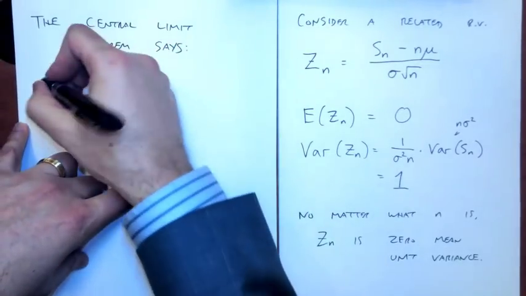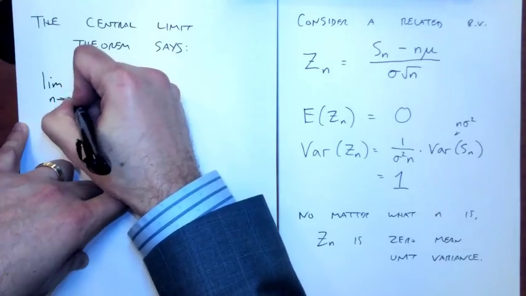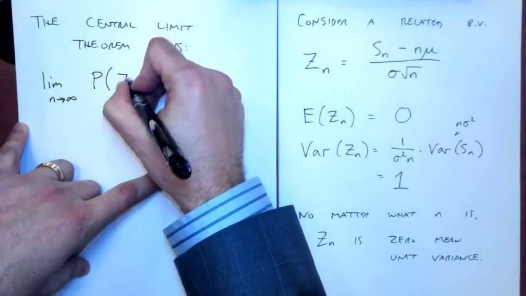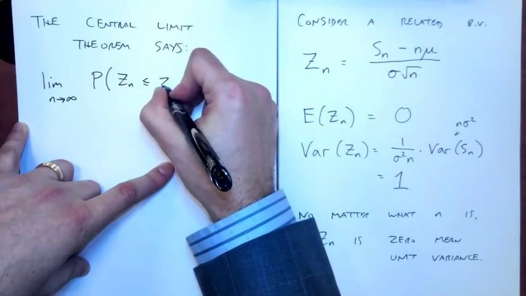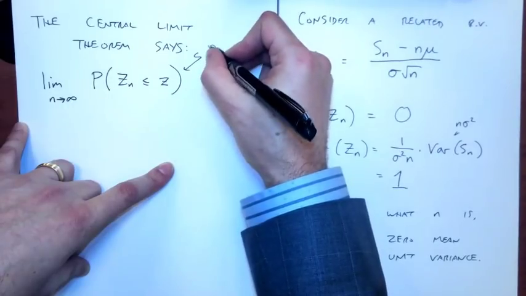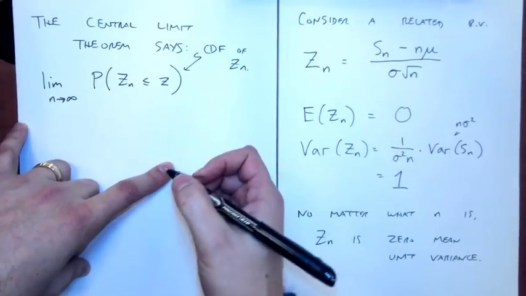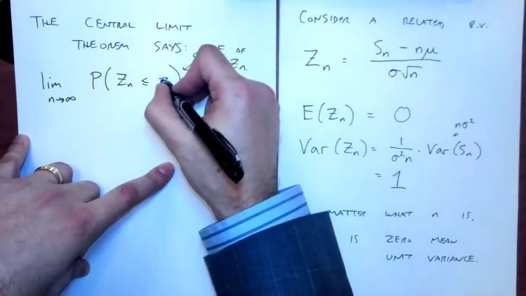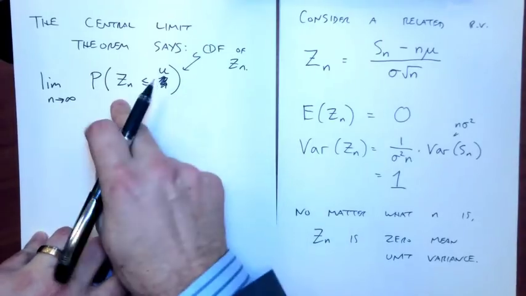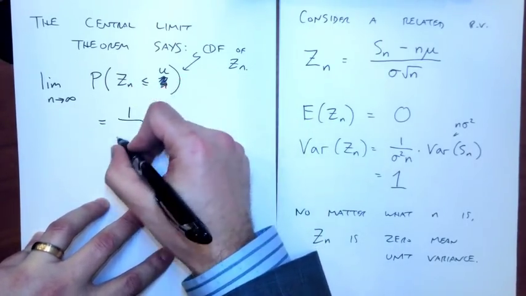It says that in the limit, as I add more and more random variables to this average, this is the CDF of Zn. Actually, to make this less confusing, let me just call this u. This is the CDF: the probability that this thing is less than some number turns out to be this function.